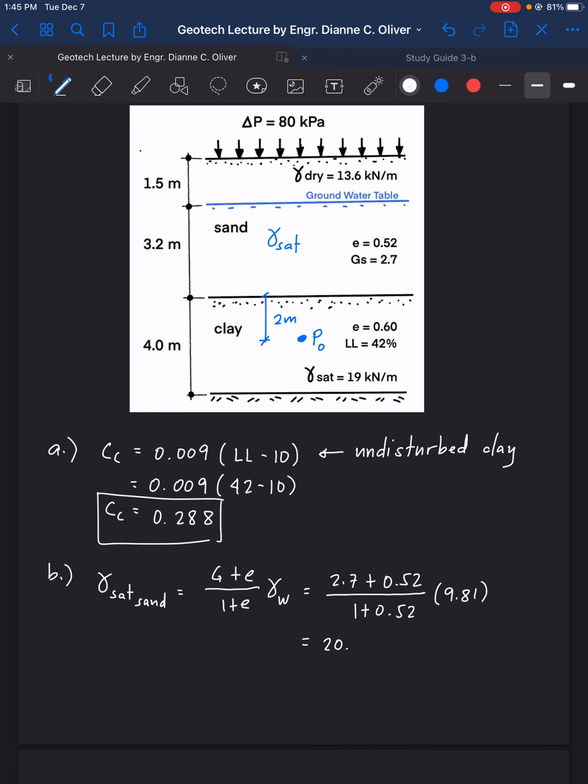That is 20.78 kilonewton per cubic meter.